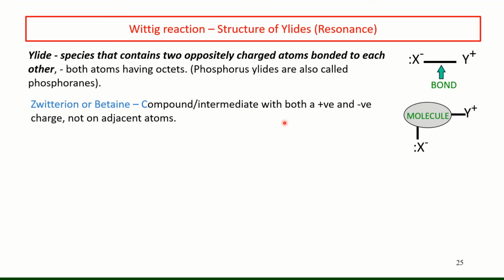So, before we move on, let's go through a few nomenclature terms. An ylide is a species where we have two oppositely charged elements sitting next door to each other. Do not mix that up with the zwitterion, where two different charges lie in two different parts of the molecule.